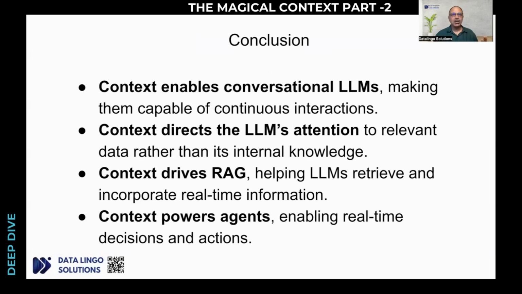In short, context elevates LLMs from static models to dynamic systems capable of conversations, retrieving data, and executing tasks in real time. Before you go, I encourage you to explore AI use cases in your own industry. Think about how these concepts could apply to the work you do or the problems you are trying to solve.